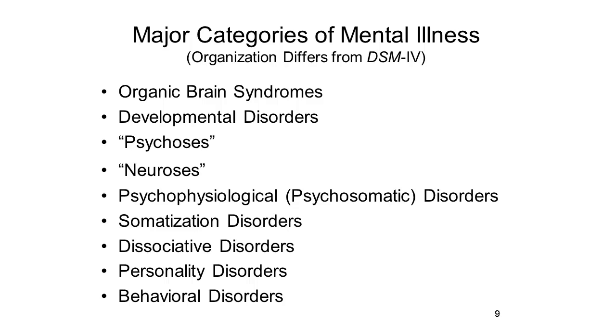I identify 8 major categories of mental illness, and I want to say at the outset that this particular grouping differs from such official classifications as the Diagnostic and Statistical Manual of the American Psychiatric Association. And the grouping also differs a little bit from what's in your textbook, which is in turn based on the Diagnostic and Statistical Manual. For a variety of reasons, this grouping works better for me.